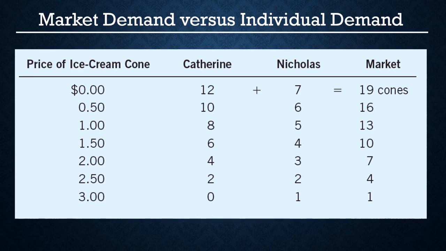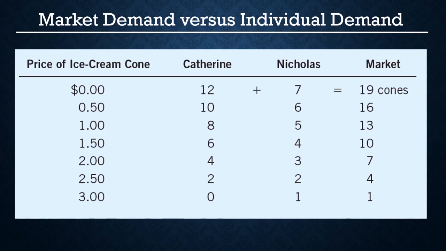The quantity demanded in a market is the sum of the quantities demanded by all the buyers at each price. Thus, the market demand curve is found by adding horizontally the individual demand curves. At a price of $2, Catherine demands 4 ice cream cones and Nick demands 3 ice cream cones.